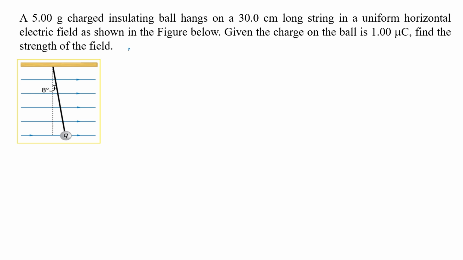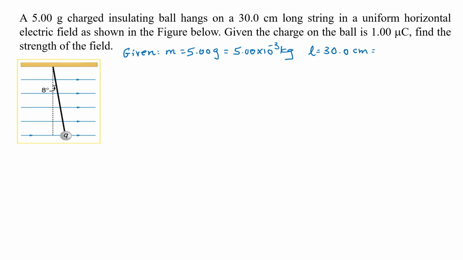So we're given the mass. Mass of the ball is 5.00 gram. We need it in kilograms, therefore 5.00 times 10 to the power of minus 3 kilograms. And the length of the pendulum or the string is given, that is 30 centimeters.